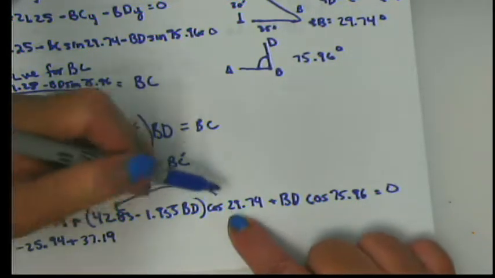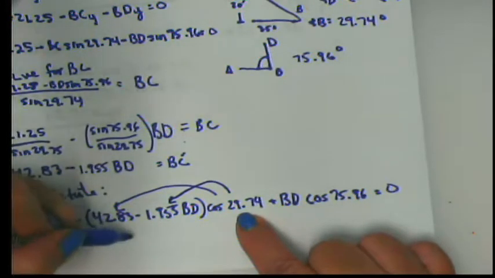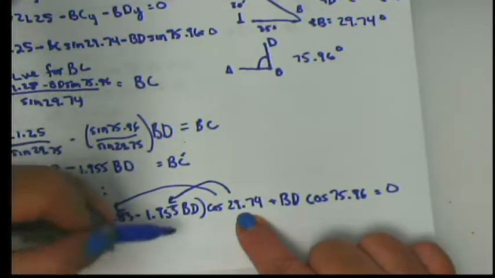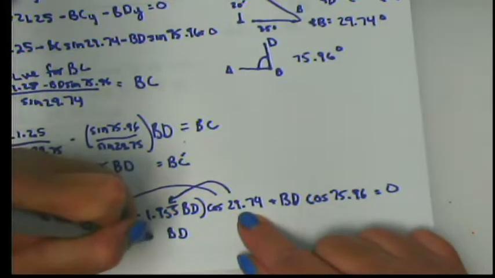Perfect. All right, now cosine 29.74 times negative 1.955, which will be the first coefficient of BD. Negative 1.697. Okay, we'll have to keep 3 of those just for now.